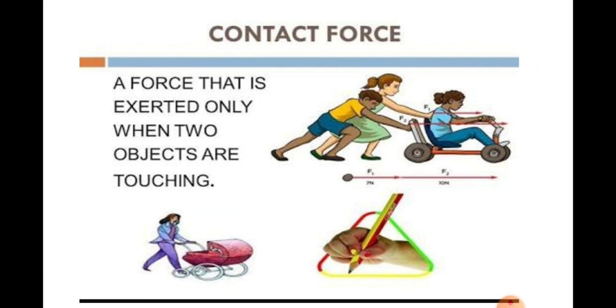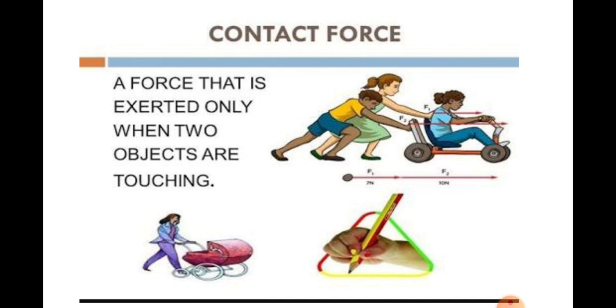A contact force can be exerted by an object on another object only through physical touching. That means physical contact is very much required in the case of contact forces. The examples of contact forces are muscular force and frictional force.